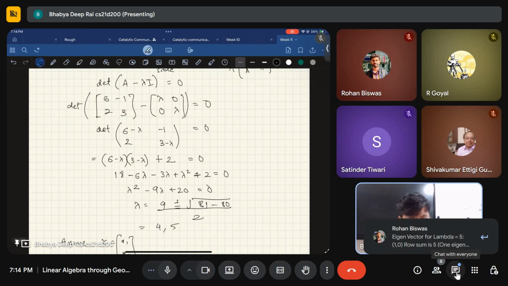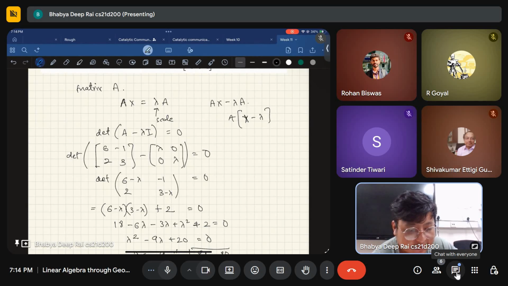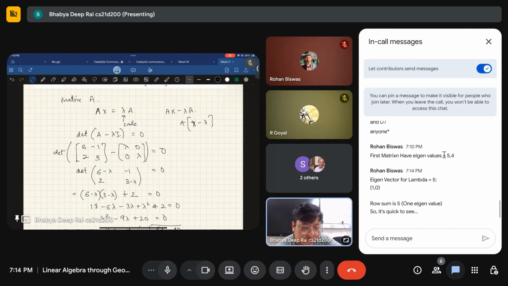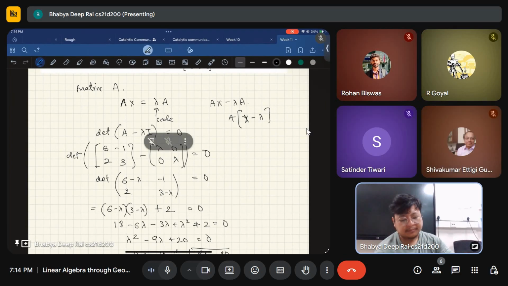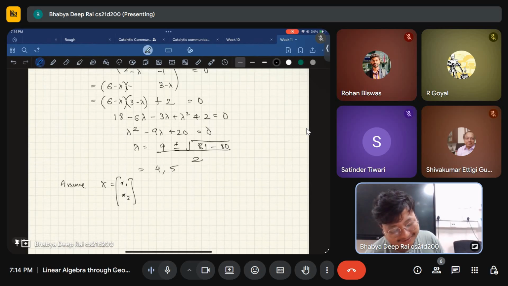Okay, great. The eigenvector for lambda equals 5 is 1, 0. Row sum is 5, 1. Okay, good. But if you want to do it the traditional way, I can substitute it.